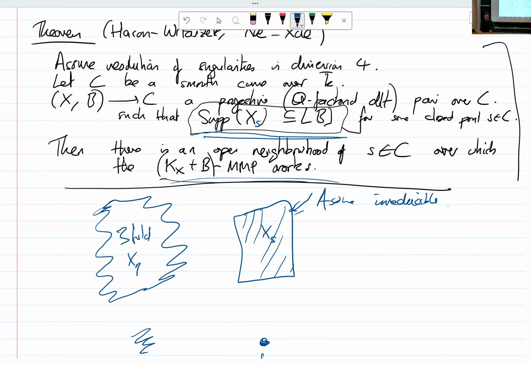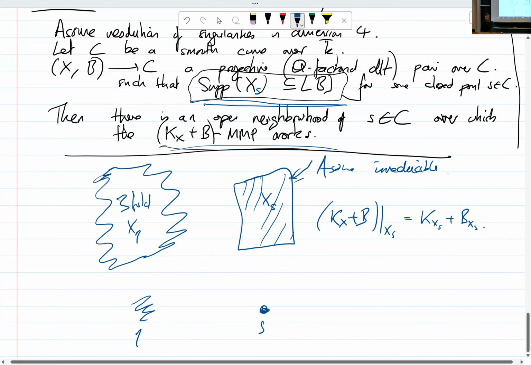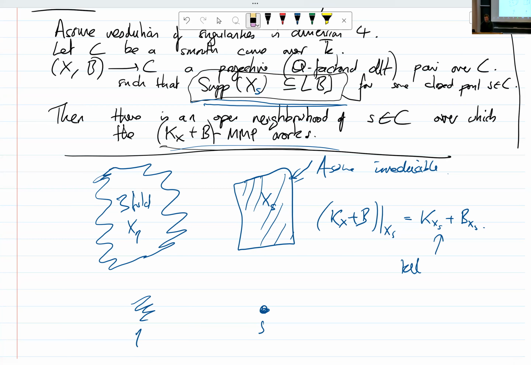Okay, so then the adjunction formula that I wrote down earlier says that you can restrict to this thing. So K_X plus B restricted to X_S is K_{X_S} plus some boundary B_{X_S}. Okay, so we get a KLT pair on a threefold over the algebraically closed field k bar.